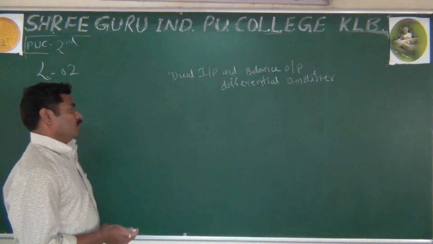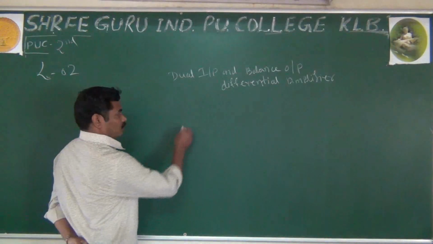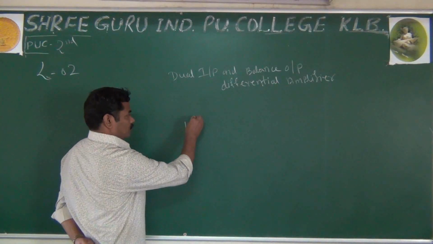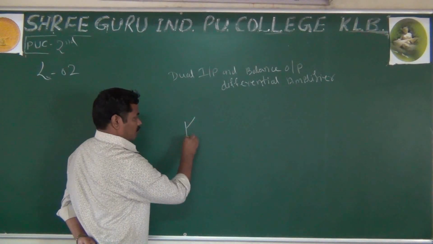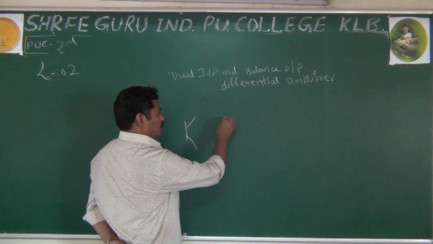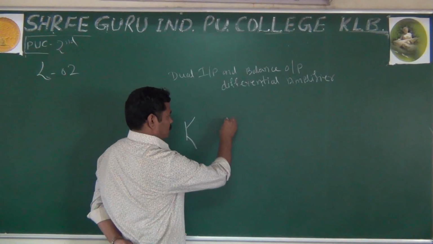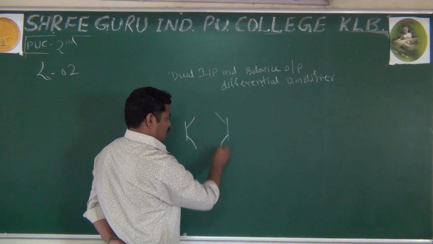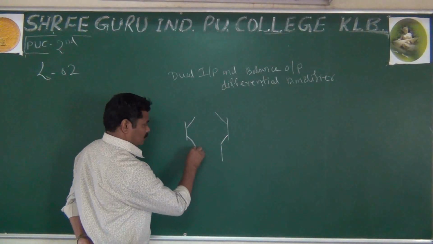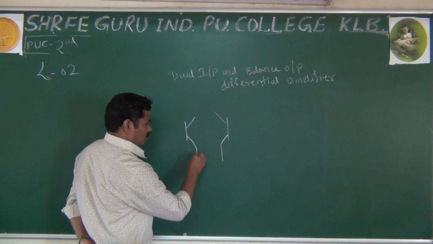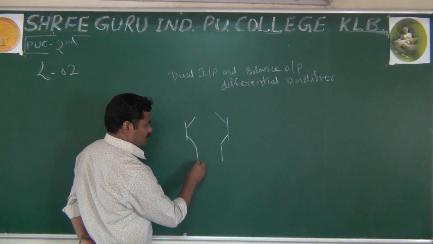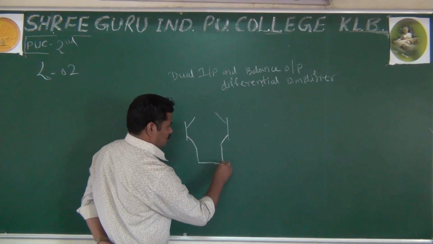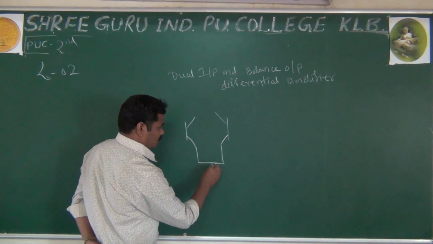We go on that. First you draw the diagram, and as I said already, you have to draw a very big diagram. It may be any type of application or mode. Both the emitters are combined together.